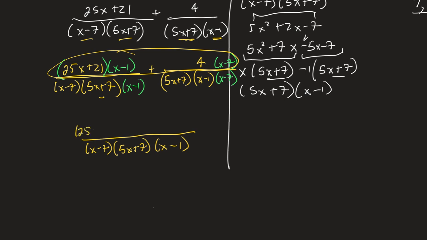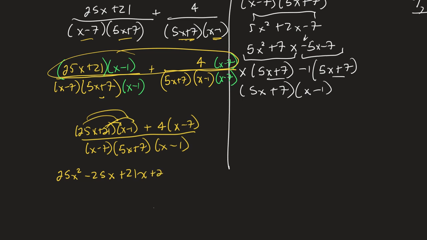Okay, let me write it. So 25x plus 21 times x minus 1, plus 4 times x minus 7. Now on the top, I can FOIL this. So that'll be 25x squared minus 25x, and then plus 21x, and plus 20.